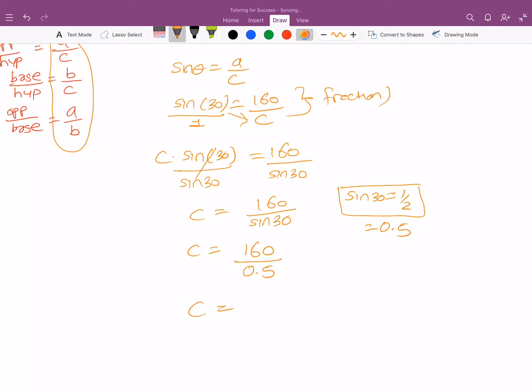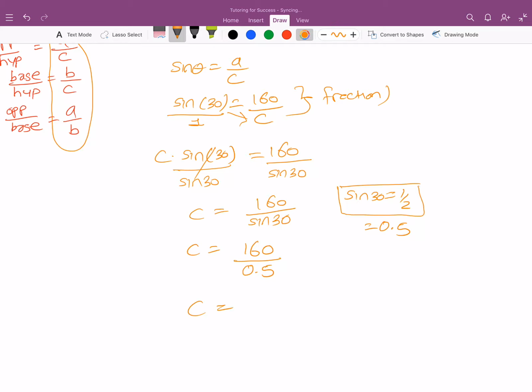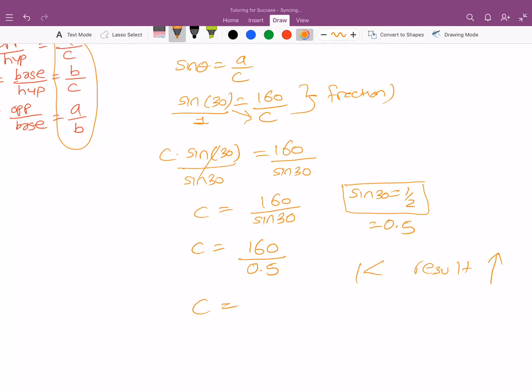So 160 divided by 0.5. So I'm just taking half of this. So you're dividing by 0.5. There is a trick. Every time you do this kind of problem, when there is a no calculator section, there's a trick. If the number is less than 1 and you're dividing, your actual result goes up. If the number is greater than 1, then your result goes down. Just as a hint.